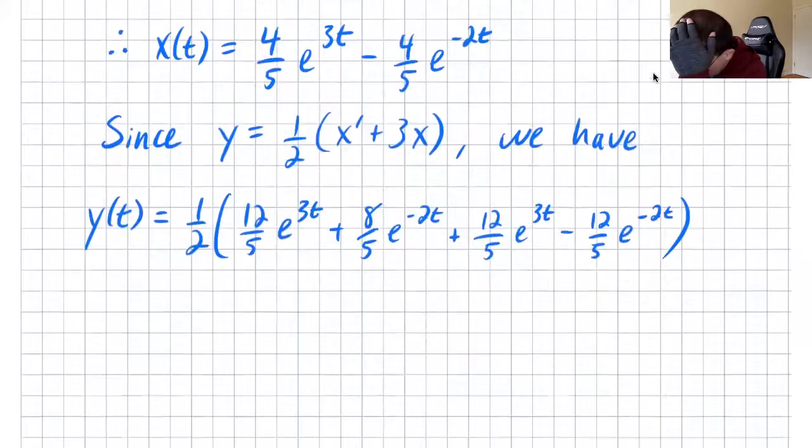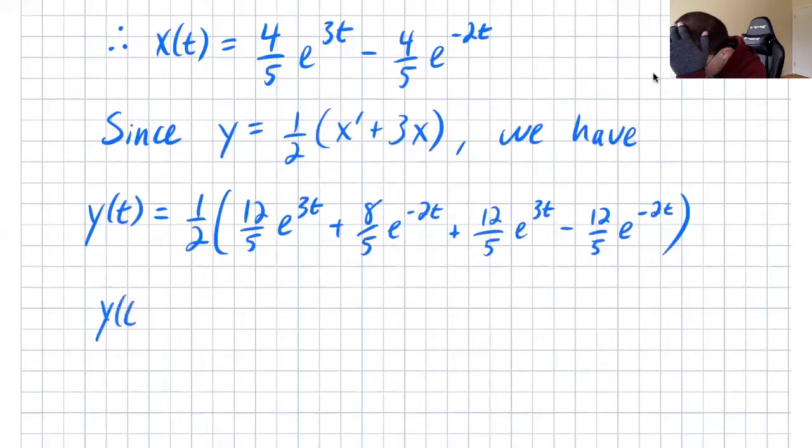Okay, so let's simplify this. We have 12 plus 12 is 24, but then divided by 2 gives us 12 over 5 e to the 3t.